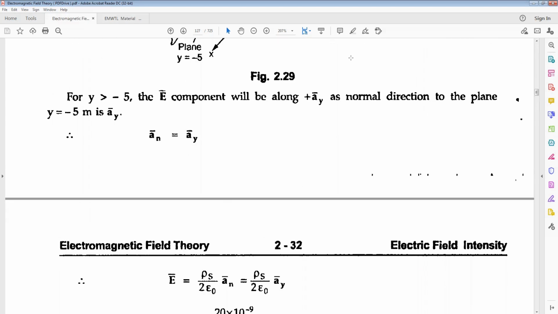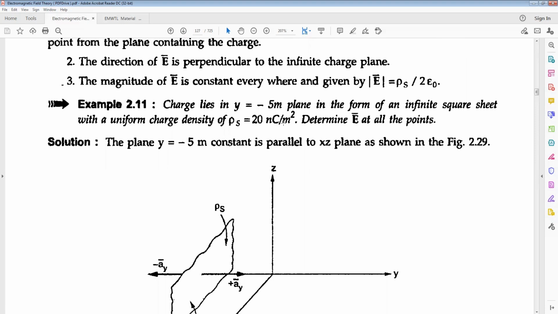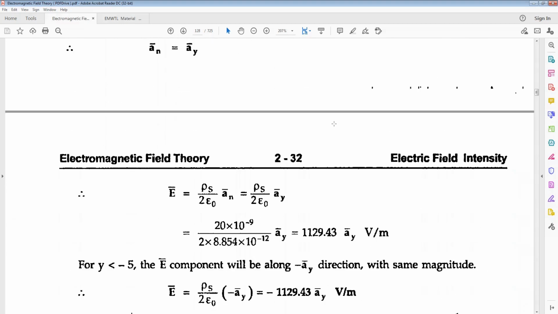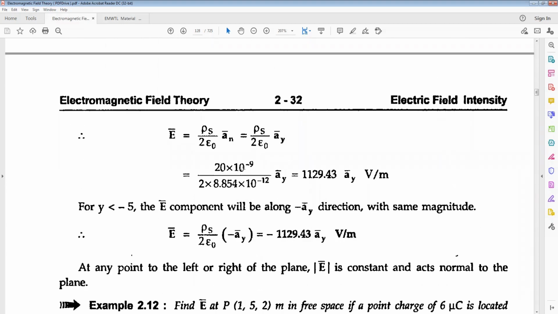Rho s is given as 20 nanocoulomb per meter square. 20 into nano is 10 to the power minus 9, and 2 into epsilon naught is 8.854 into 10 to the power of minus 12. Substituting that, you get E bar equal to 1129.43 AY bar volts per meter.